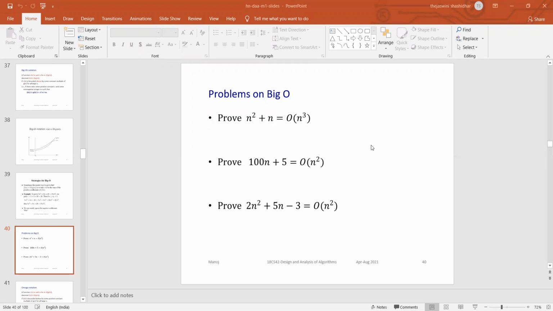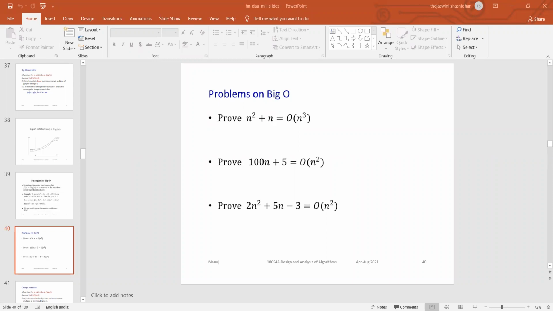So n square plus n will be taken as n to the power 2 plus n to the power 1. And n cube you give as n to the power 3. This is how you get the order.